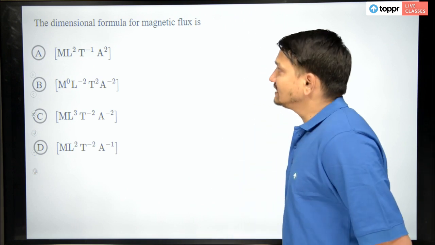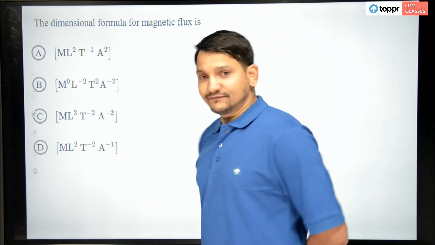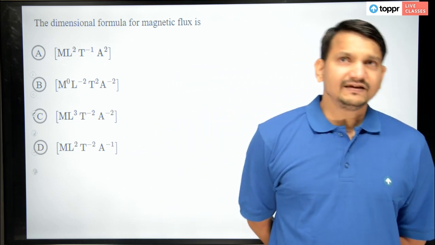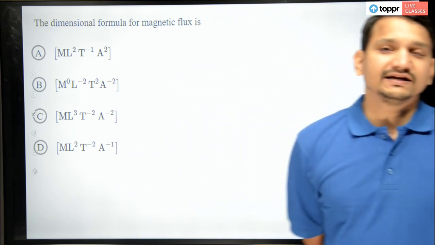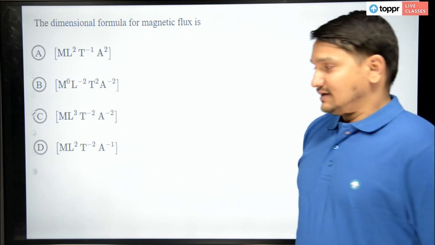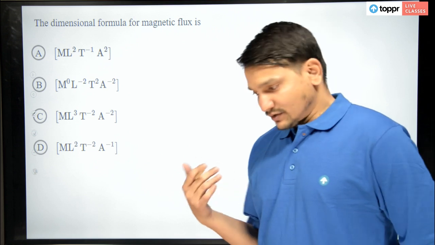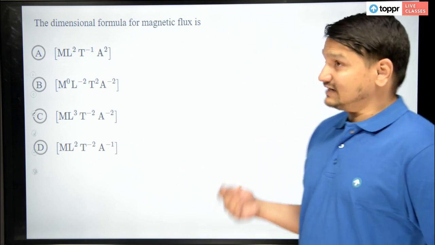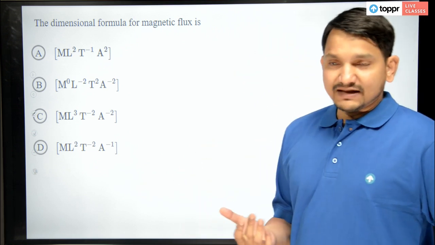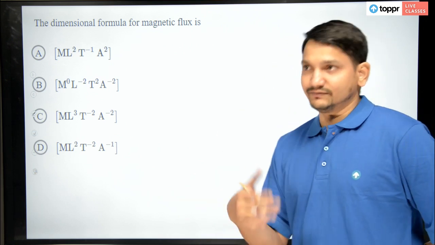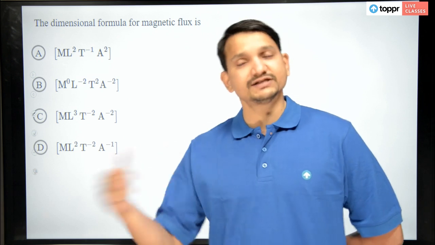Dimensional formula for magnetic flux. We seldom come across magnetic flux in our general physics formulae, but if you try to locate it, you can go through it. Magnetic flux is nothing but the number of magnetic field lines. How would you physically represent it?